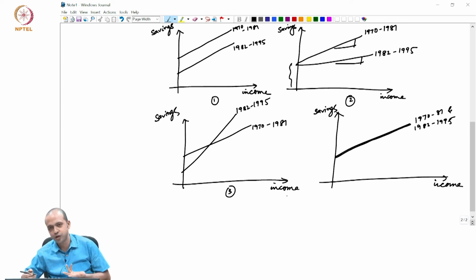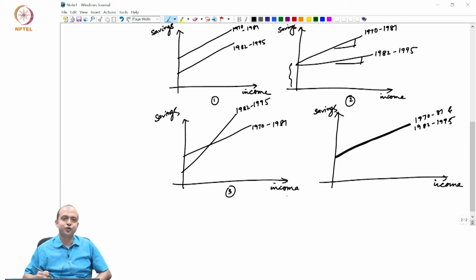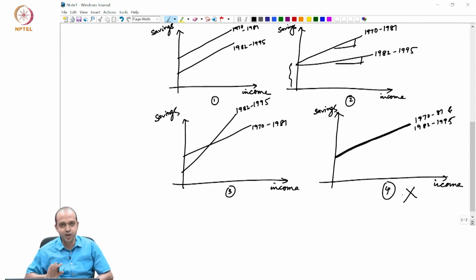For both the periods, neither the slope nor the intercept is different. So, that means this is called a concurrent relationship. So, both the time periods can be specified by one single equation. So, the Chow test can tell you that this case 4 is rejected. So, we are eliminating case 4.